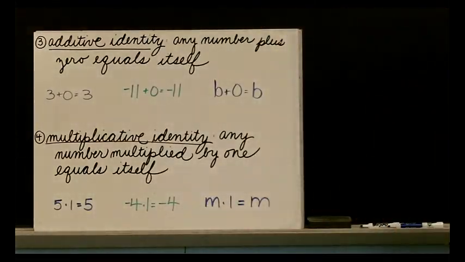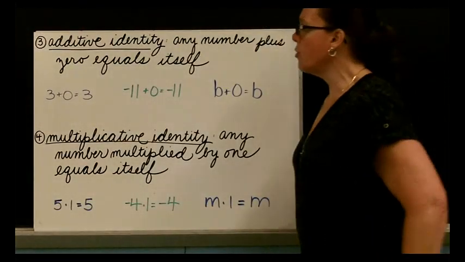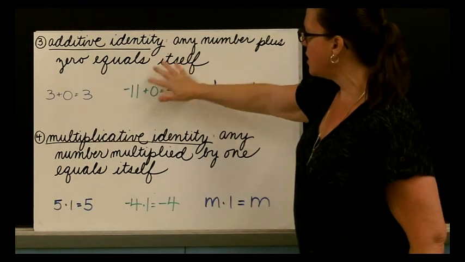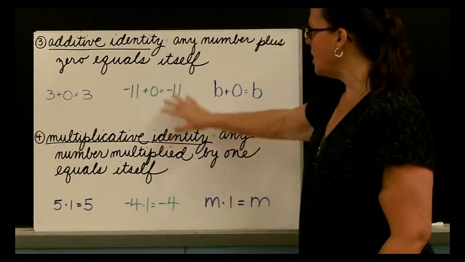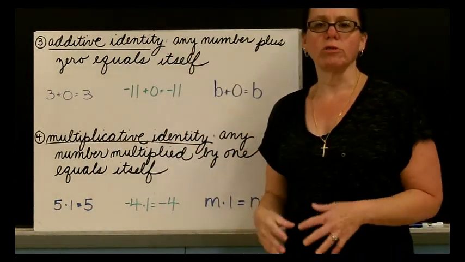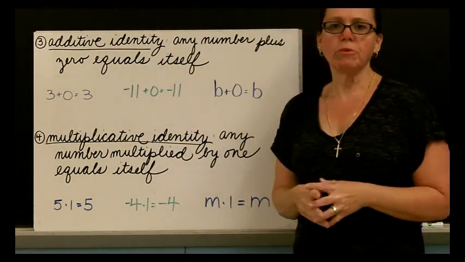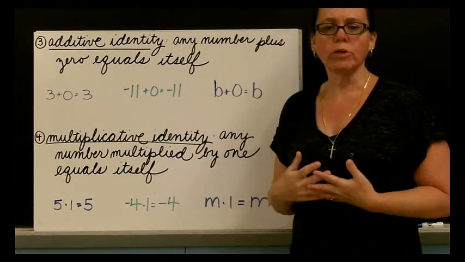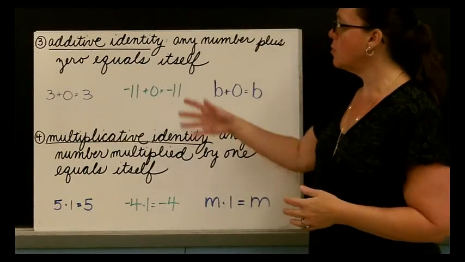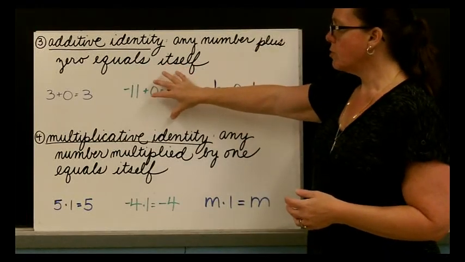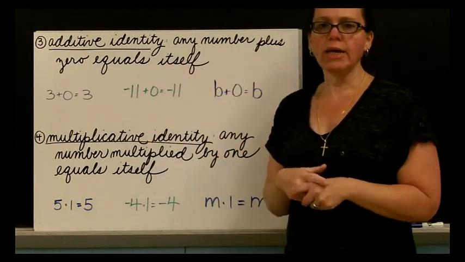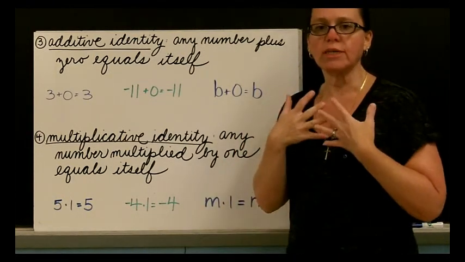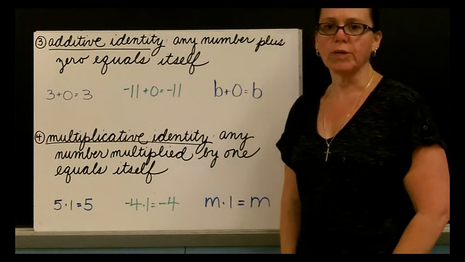Now here we have our third and fourth vocabulary terms for this lesson. We have the additive identity and multiplicative identity. Identity here is the key word. What might help you remember is that your identity is who you are and what you look like. And so these rules have to do with applying a number to an original number, but not changing its identity, not changing what it is.